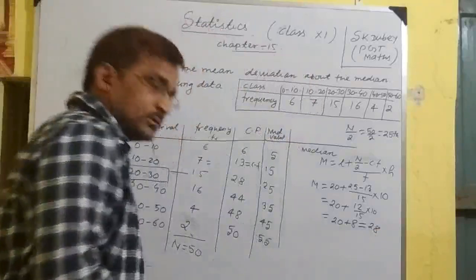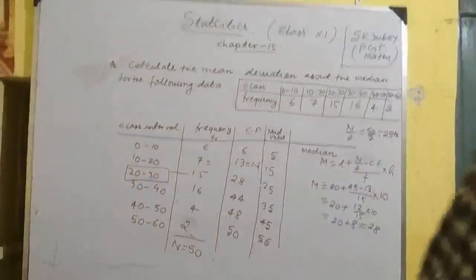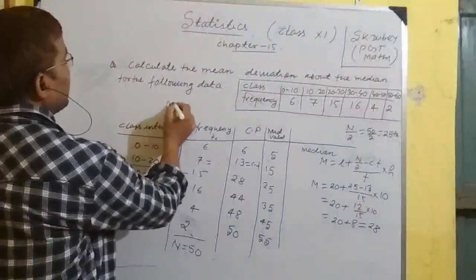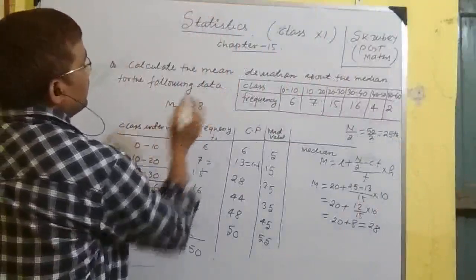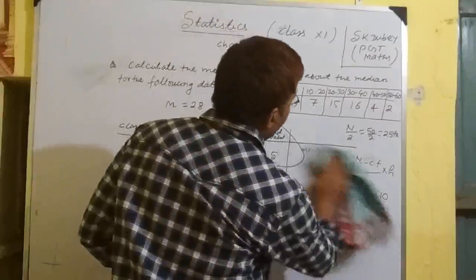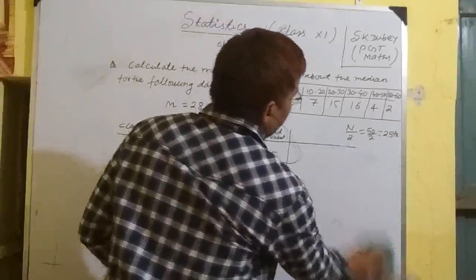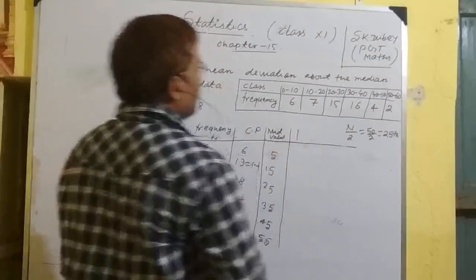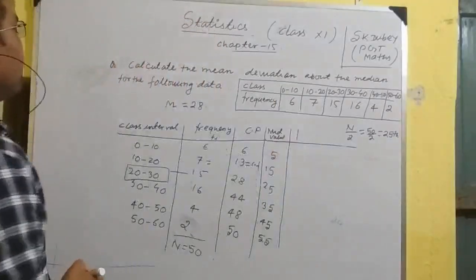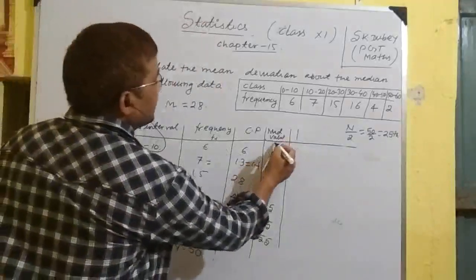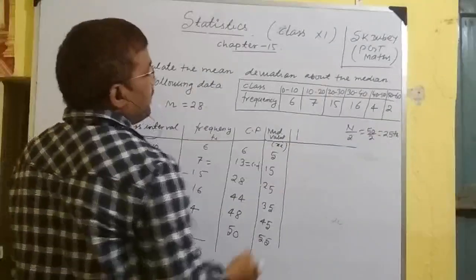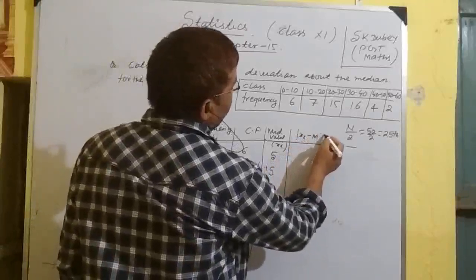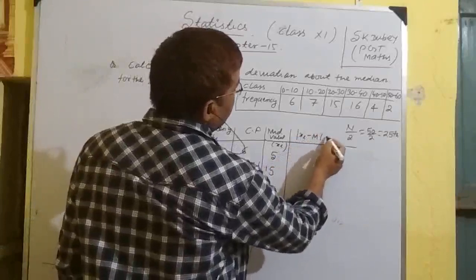I am writing here M is equal to 28. Now we will find the deviation of xi from the median, and it is the absolute deviation, that's why the mod is here.